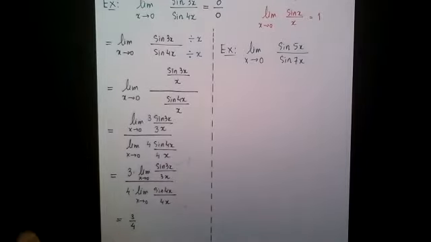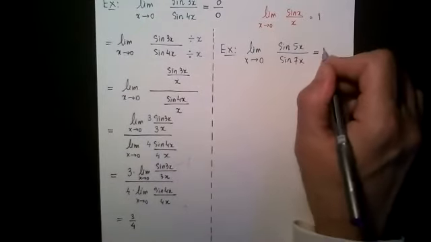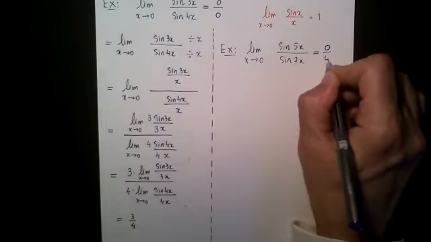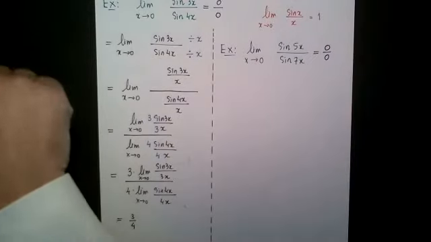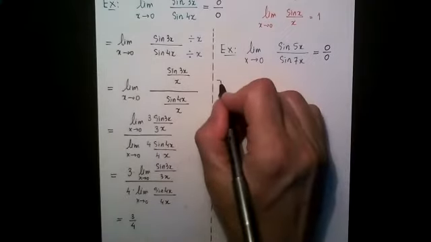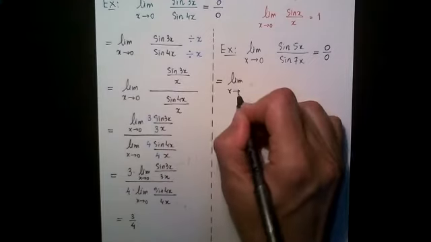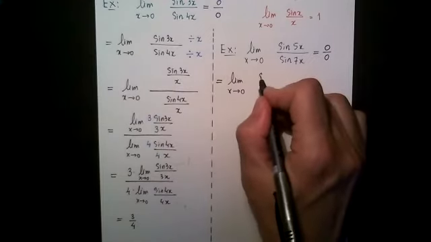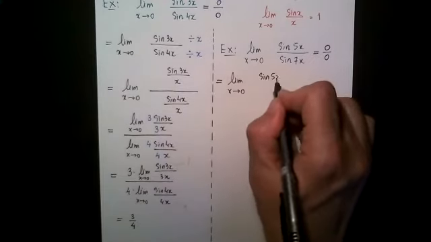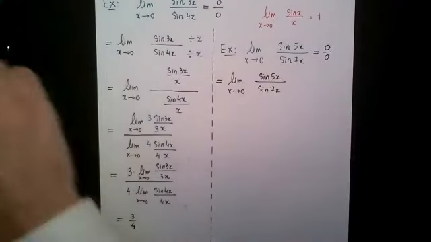Okay, let's do it. First thing we do, we verify: if I plug in 0, what happens? I get 0 over 0. And again, same process as we did right here. So it's equal to the limit as x approaches 0 of sine 5x divided by sine 7x.